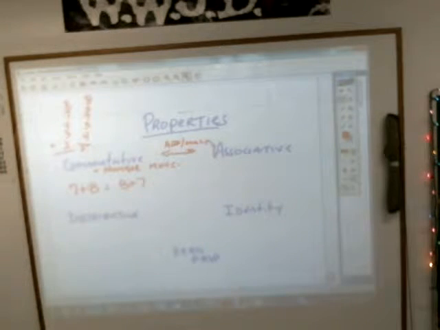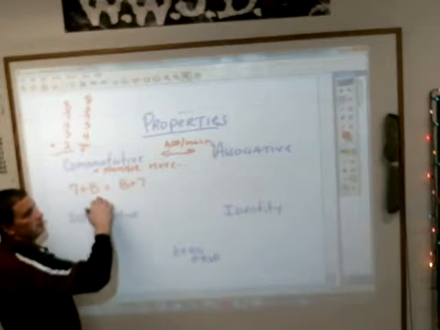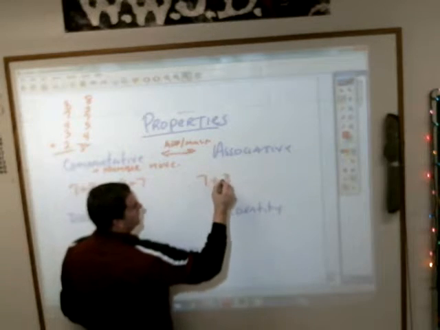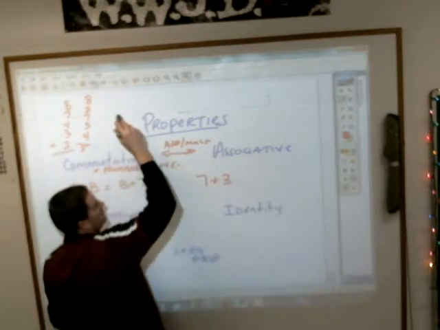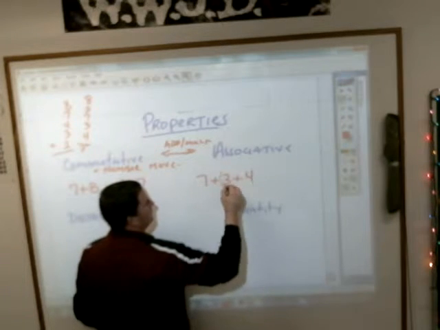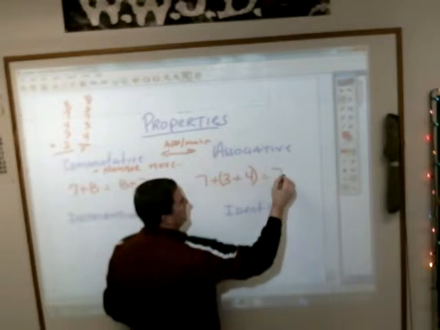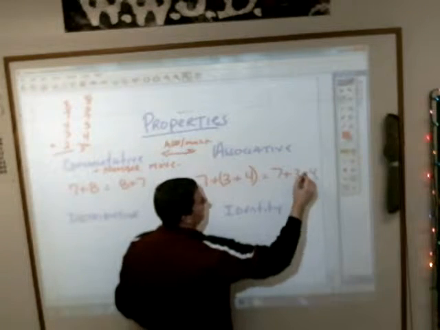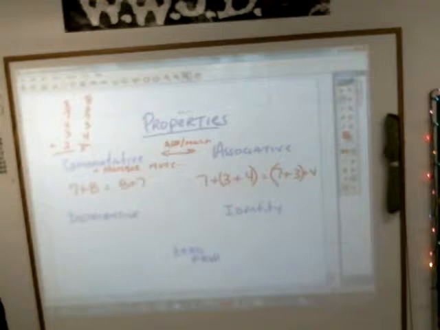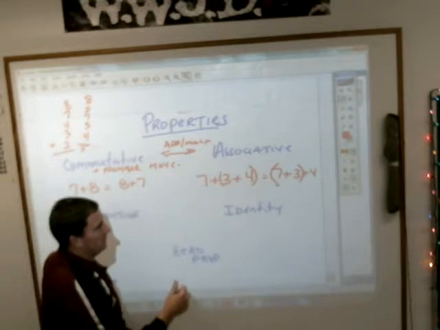The difference between that and the associative property is what? In the associative property, you will always see the parentheses because the order of the numbers stays the same. 7 plus (3 plus 4) is the same thing as (7 plus 3) plus 4. The only difference is the numbers you associate together. The numbers get grouped in different ways. Okay?